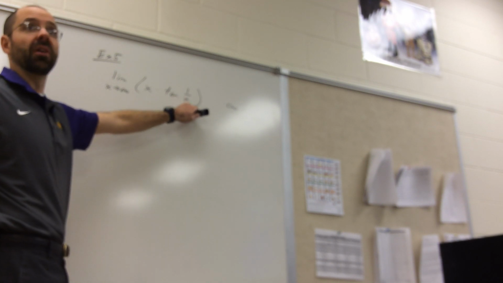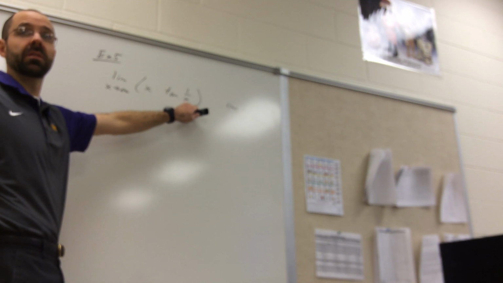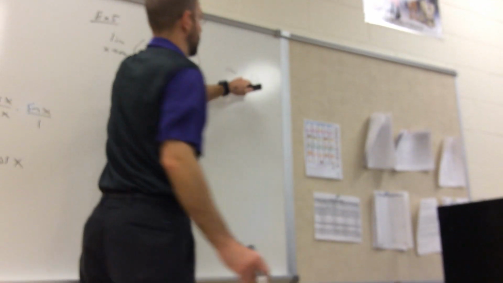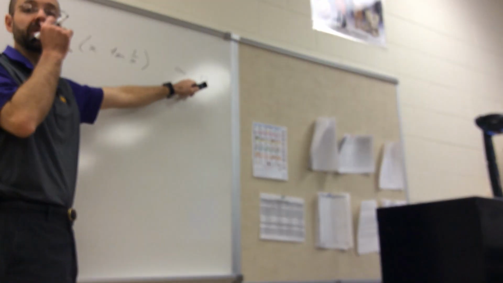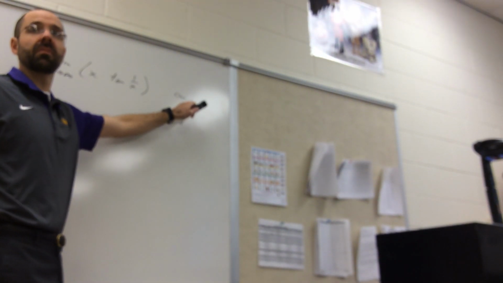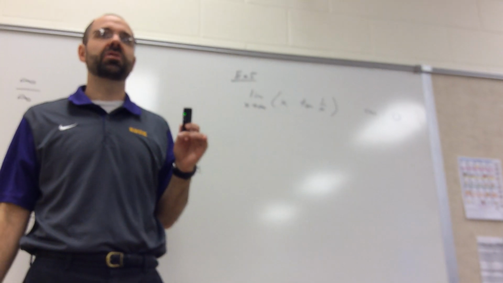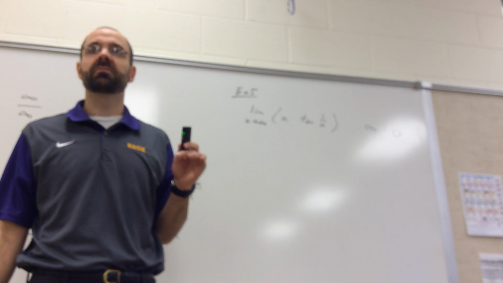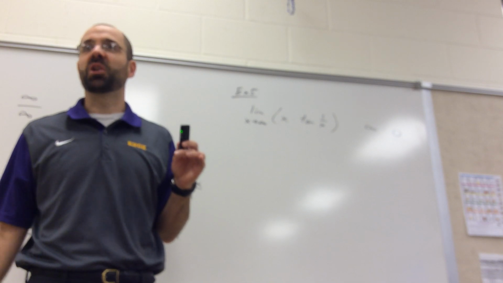And the tangent of 0 is 0. So this is infinity times 0. And it really seems like infinity times 0 should be 0. It's not. Well, it might be, but it also might not.